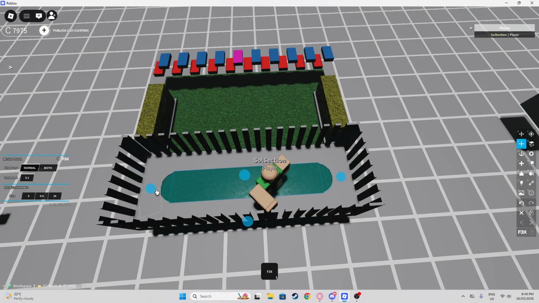Let me bring up... Okay, so we got the 14 long. One spot is equivalent to 2 by 3.